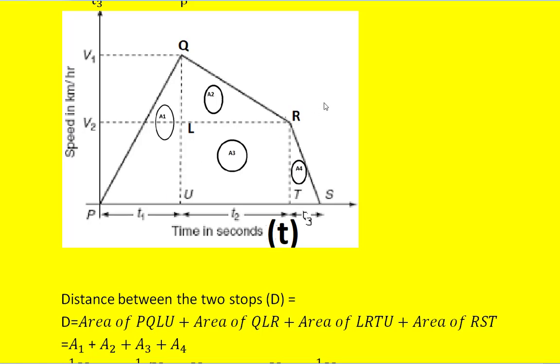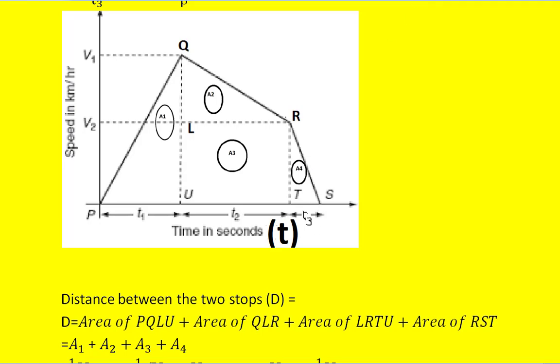Next, beta C means this is the coasting period. The speed difference of two speeds is V1 minus V2 divided by the time period for this is T2. That is beta C. So beta C is equal to V1 minus V2 divided by T2. So similarly, we find the retardation, that is beta is given by V2 divided by T3.